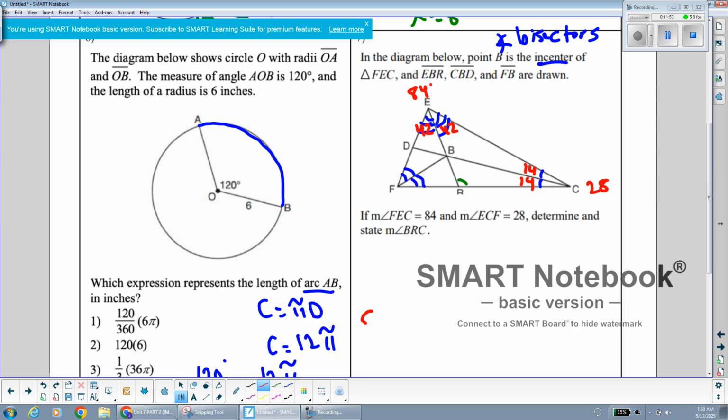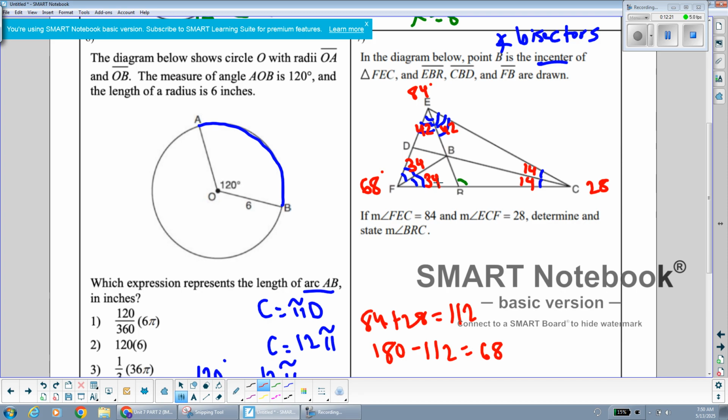So 84 plus 28 equals 112. And then if we do 180 minus 112, we have 68. So angle F, the whole angle here is 68. And that means each half is 34.